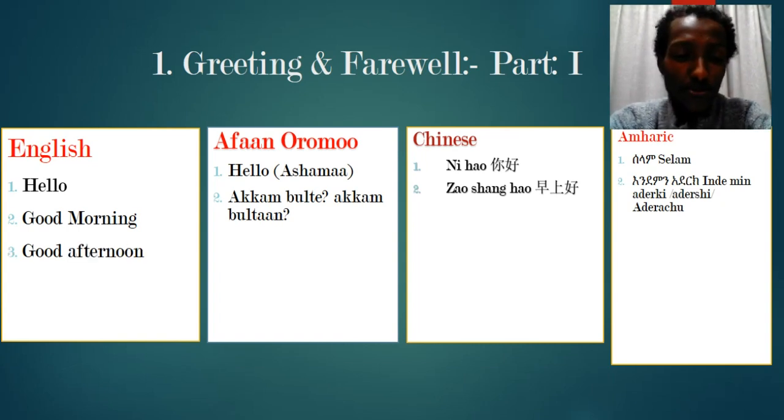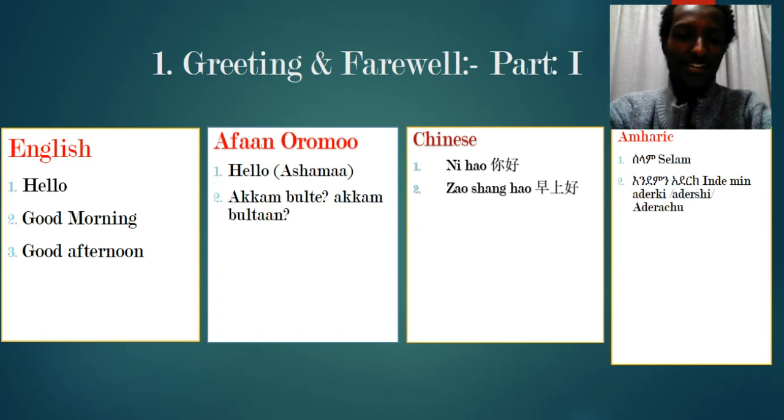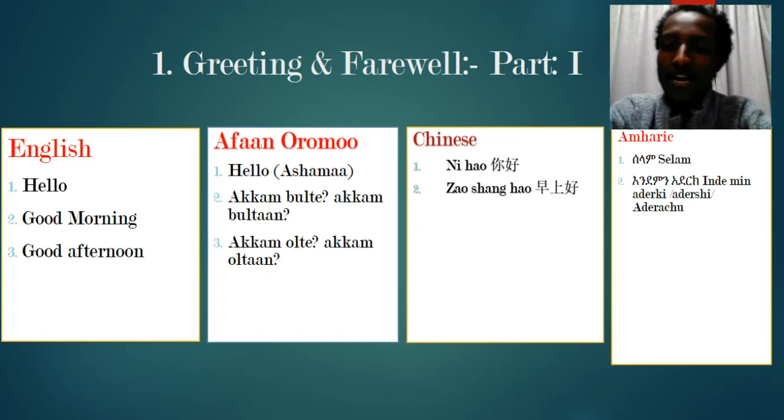Okay. Good afternoon. This is our third tone. When good afternoon is translated into Afaan Oromoo, we can use to say akkam olte, or akkam oltan if it is a lot of people, or to show respect.